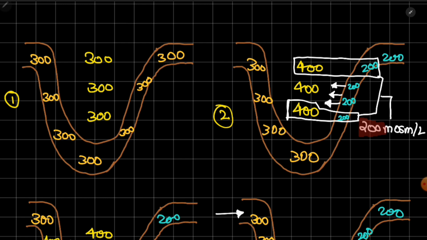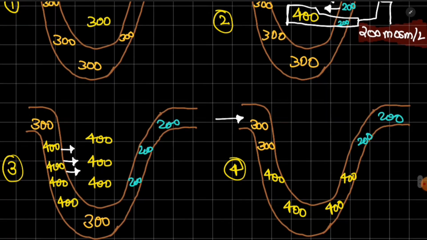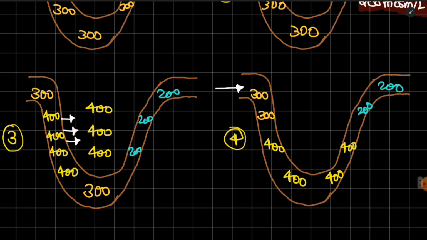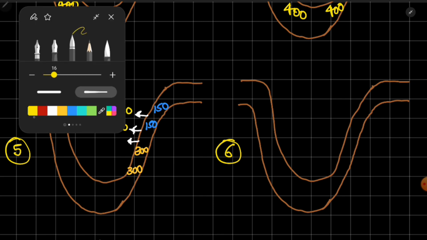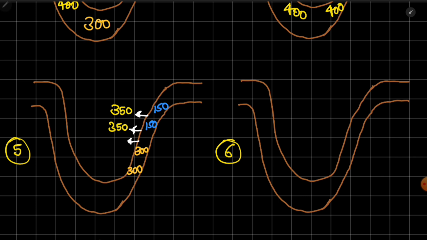This is not osmolar per liter, it is milliosmolar per liter. So we are maintaining this gradient of 200 milliosmolar per liter. If it is 150, it will be 350 here, and if the 400 is converting into 300, here it will be 500.